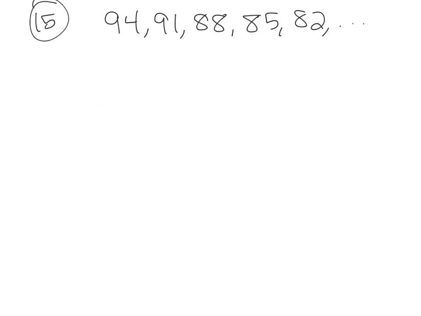All right, here's the directions for this one. It asks us to write an equation for the nth term for the sequence 94, 91, 88, 85, 82. So again, our formula is a sub n equals a sub 1 plus n minus 1 times d, where a sub 1 equals the first term of the sequence, and our d value equals the difference that's going on in the sequence from number to number.